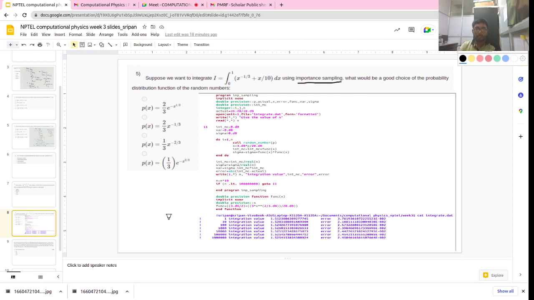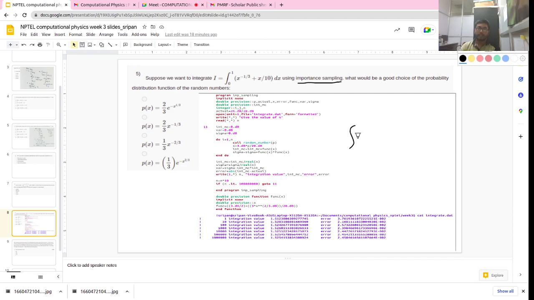Initially, what I was doing for this question is taking some change of variable. Let's say we take p(x) to be a particular value, and the exact procedure in importance sampling is like this.